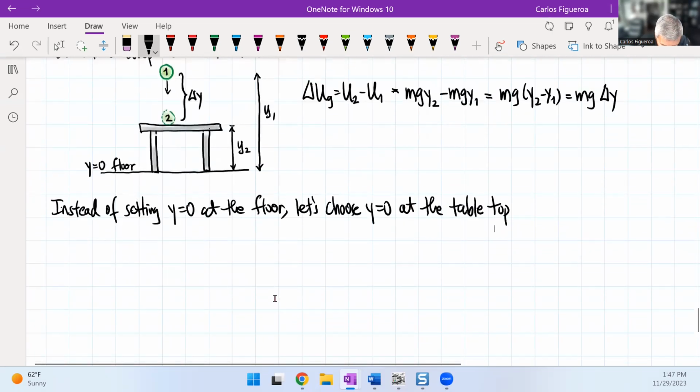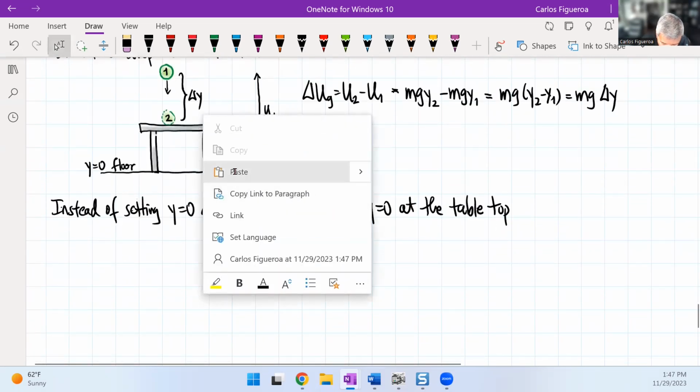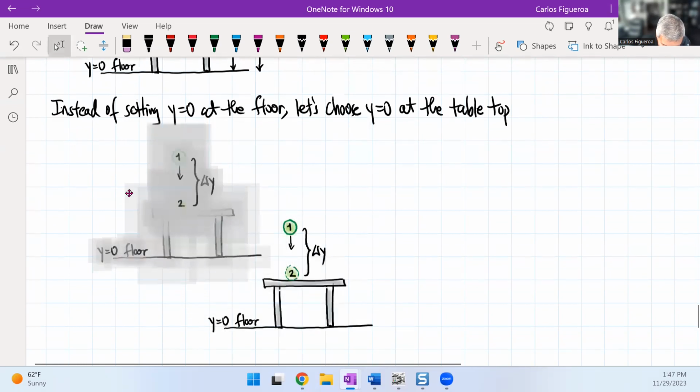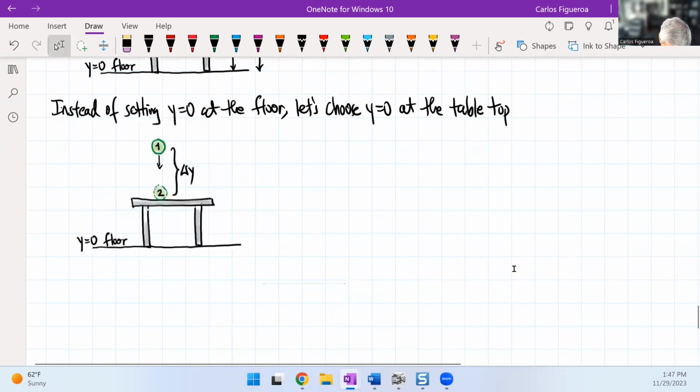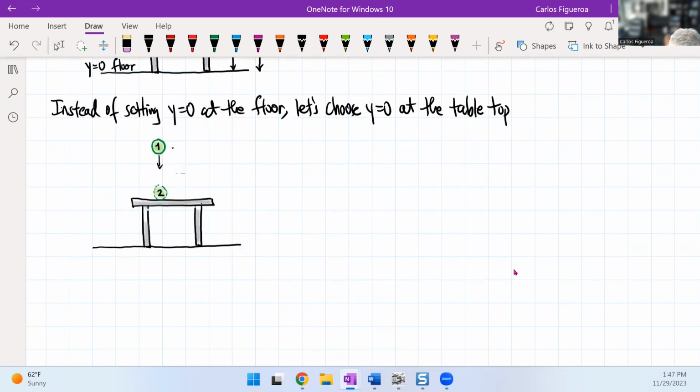Then when I look at this scenario, I have the exact same situation as before, but now I am setting y equal to 0 at the tabletop.